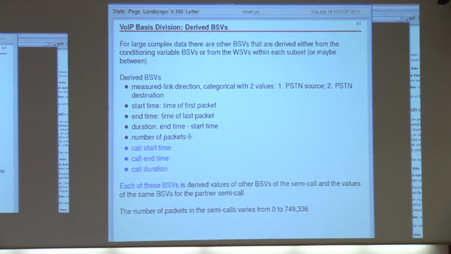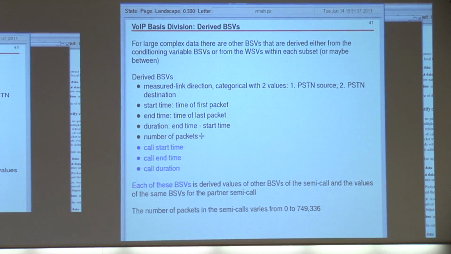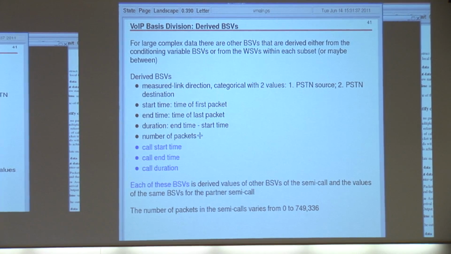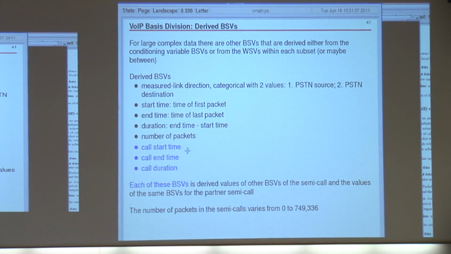And so that's an important point about these. Well, there's actually another point here, which is a little bit different. We actually needed a call start time, a call end time, and a call duration.